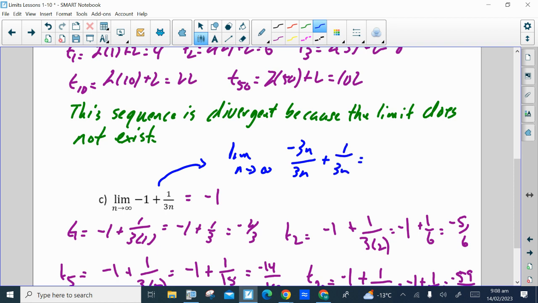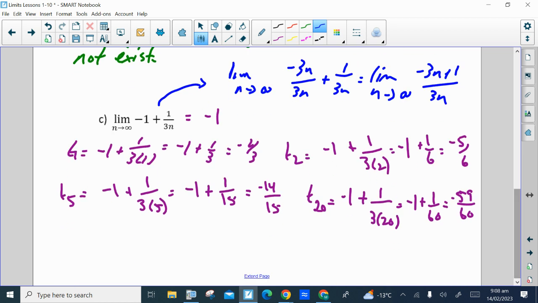So now we can combine those two and say this is the limit as n approaches infinity of negative 3n plus 1 all over 3n. The degree of top and bottom are the same. The coefficients would be negative 3 divided by 3, which is negative 1. That's the value of that limit. Because the degree of top and bottom are the same, when you combine them, you can just divide the coefficients to get the limit. You don't have to use that guess and check method.